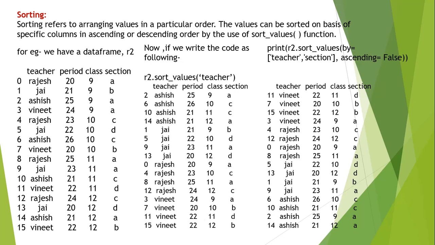The column which is given first will be sorted first, and according to that sorted column, the second column is sorted. Here we have given teacher as the first column, so first the sorting has been done according to the teacher column, and then among those teachers, the sorting has been done for the section. Also ascending=False was given, which means the sorting order is descending.